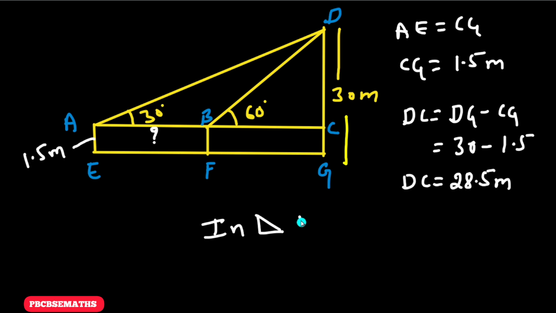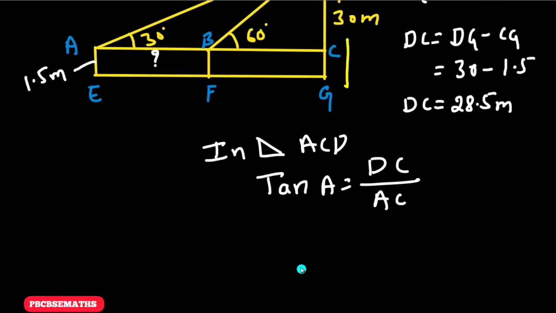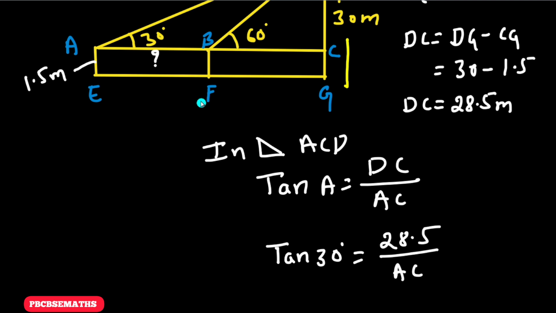In right angle triangle ACD, tan A is equal to the opposite side, that is DC, divided by the adjacent side AC. The value of A is 30 degrees. So tan 30 degrees is equal to DC, which we just got as 28.5, divided by AC. We need to find the length of AC, so let's keep that as it is.